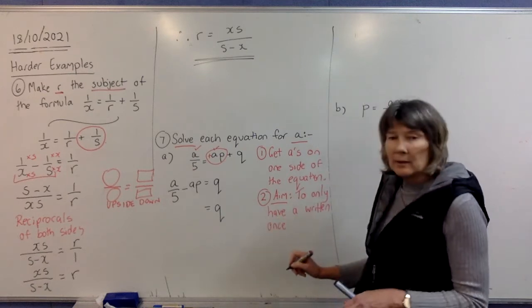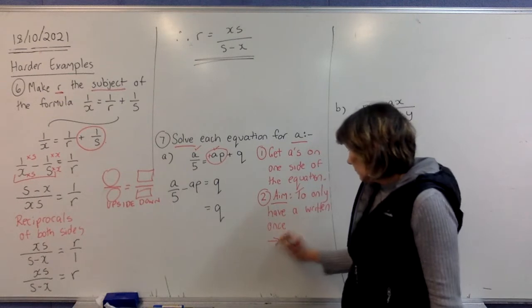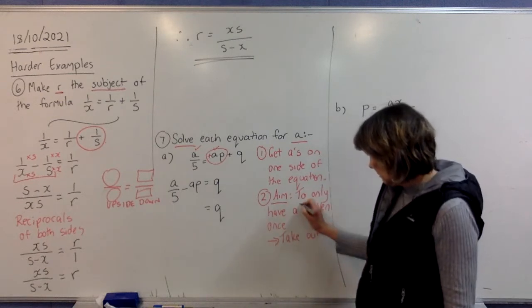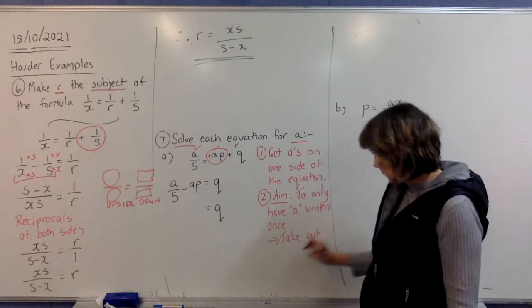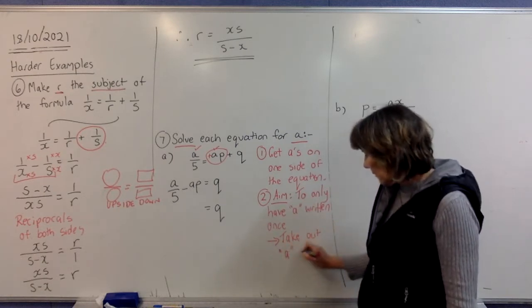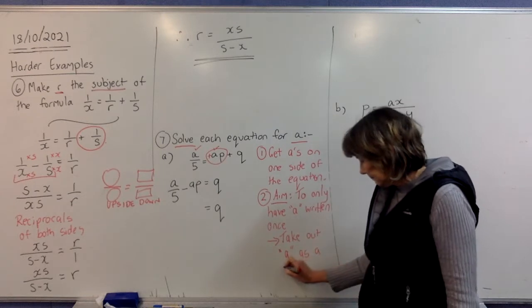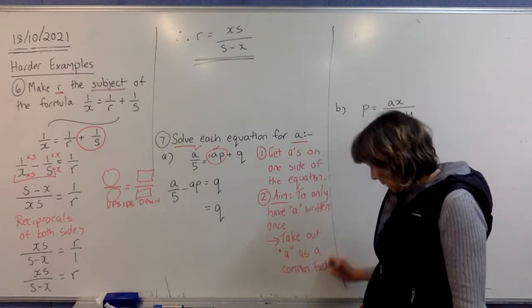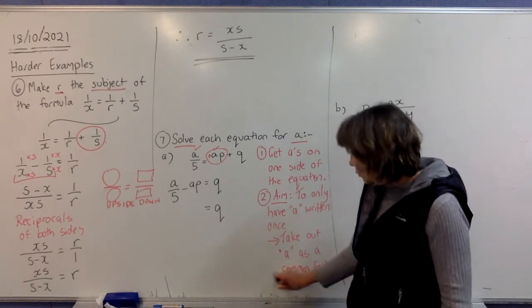Now, the way you make that happen is you take out A, I'll write it like that so we know what we're doing. Take out A as a common factor. So once you practice this, you'll understand why it all works.